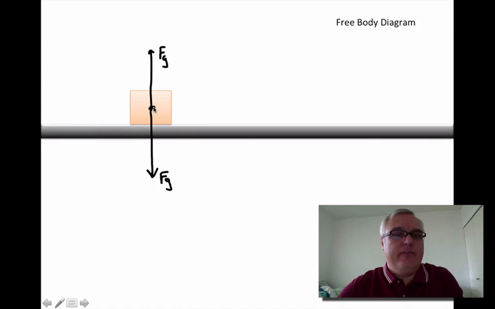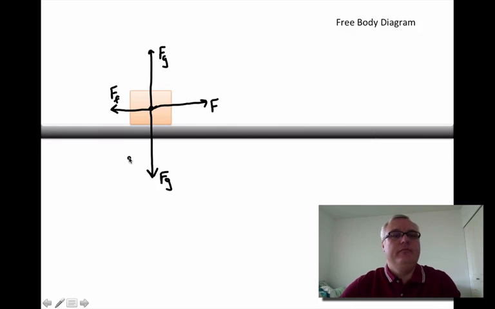If there was another force, say I was pulling this object to the right, I would draw that force starting at the center of mass. And there might also be a force of friction resisting this motion. So this is a basic free body diagram. Okay, it's a vector diagram of the forces.